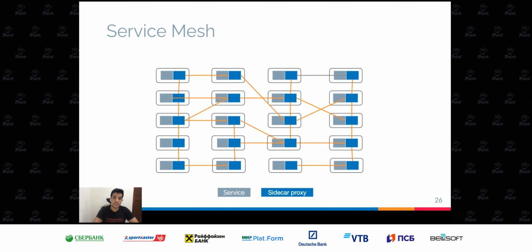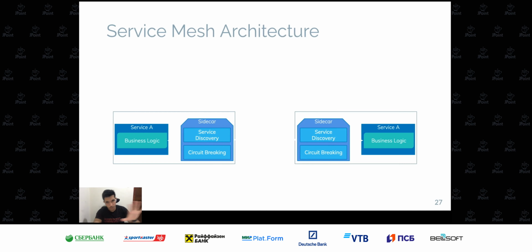So the service mesh is typically implemented as an array of lightweight network proxies that are deployed alongside your application code without the application needing to be aware of the existence of the proxies. Let's look at two services deployed side by side with their sidecar proxies, and let's explore a typical service mesh architecture.